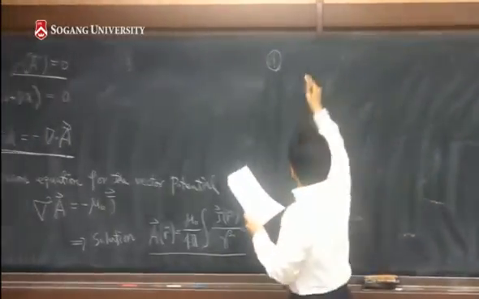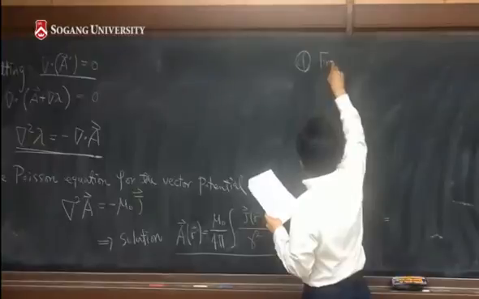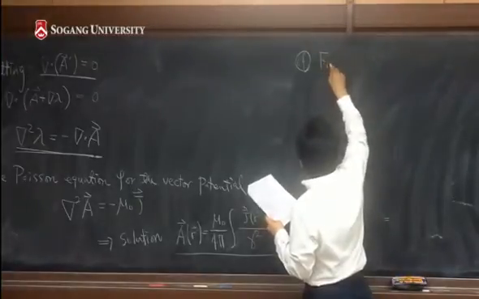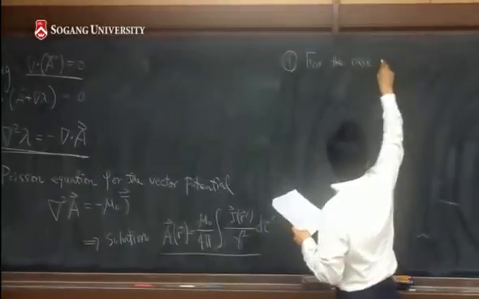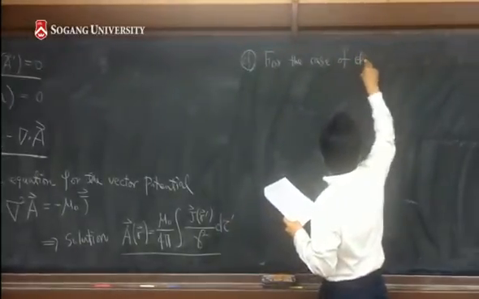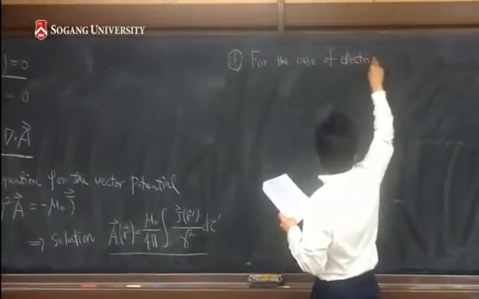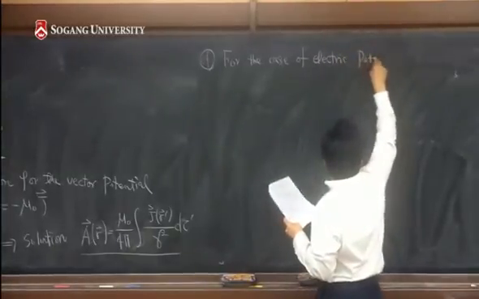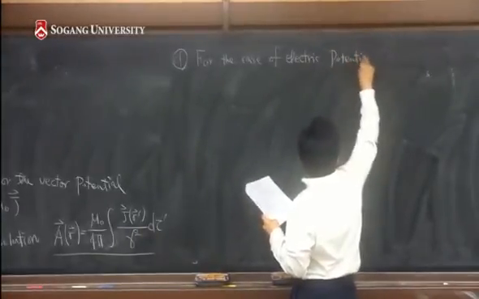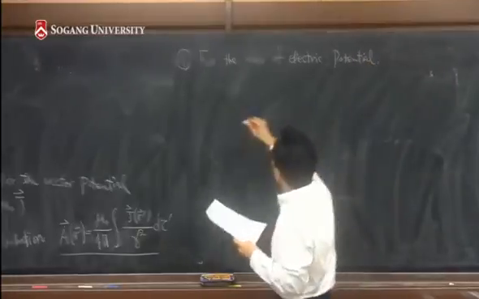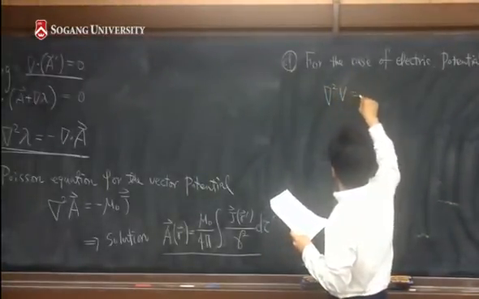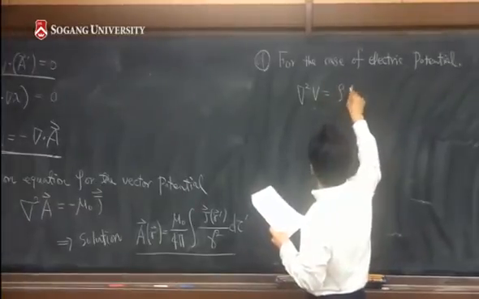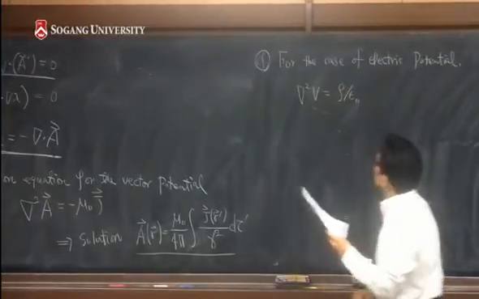If you recall, the electric potential is given by the Poisson equation, Laplacian of the potential equals minus rho over epsilon 0.